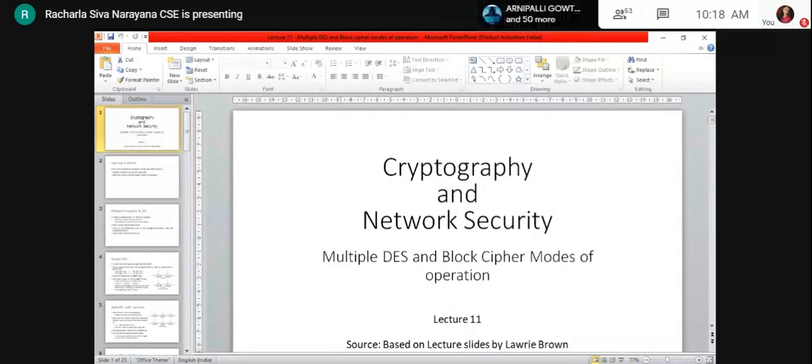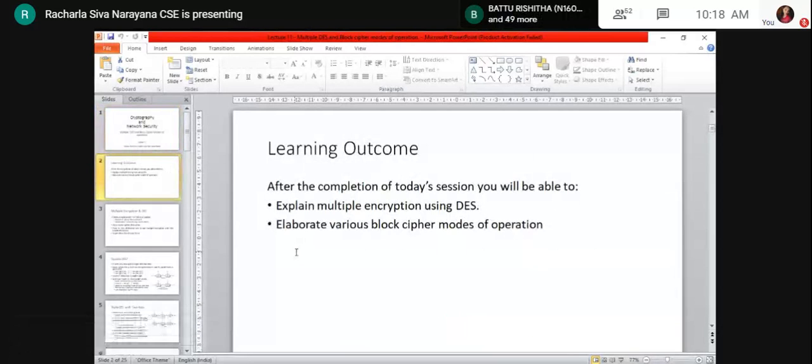In multiple DES, we have double DES and triple DES algorithms. In this session, we are going to discuss multiple encryptions using the DES algorithm, and then modes of operation on block ciphers and stream ciphers.